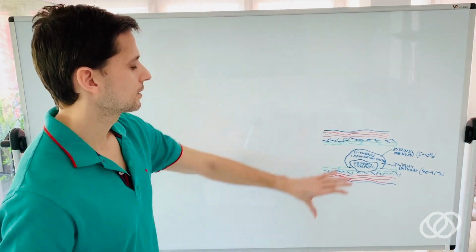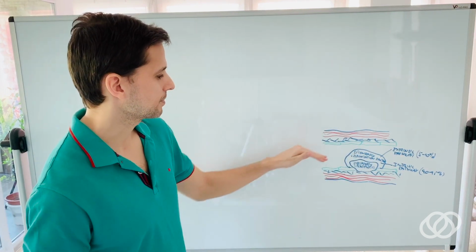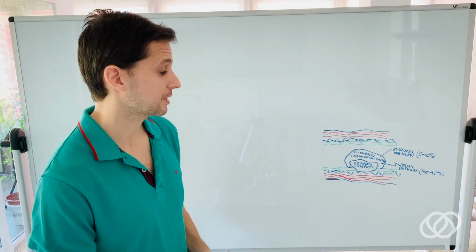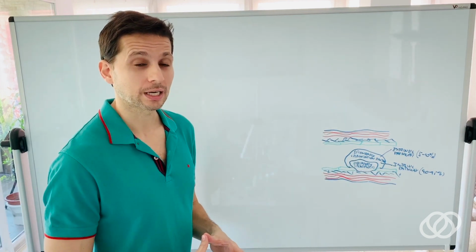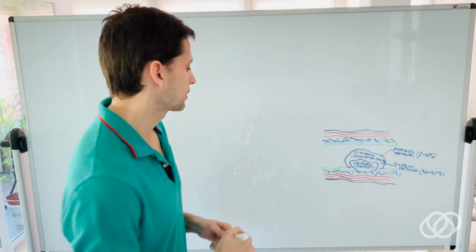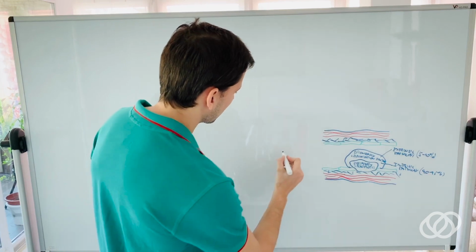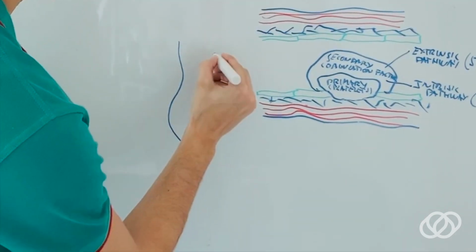So in the end, this is what the body does when there is bleeding, and also if we have, for example, an atherothrombotic event. The same thing occurs also in the venous system, but slightly different. For example, we could say that we have a venous vessel here.